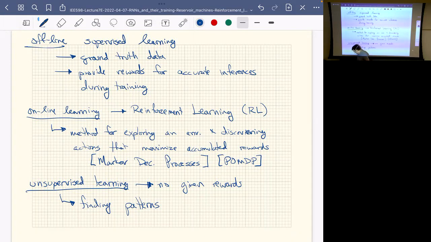I'm also going to talk a little bit about associative learning, but these are the three major categories here: supervised learning, reinforcement learning, and unsupervised learning. They all differ in how they are executed, online or offline, and whether rewards are provided.